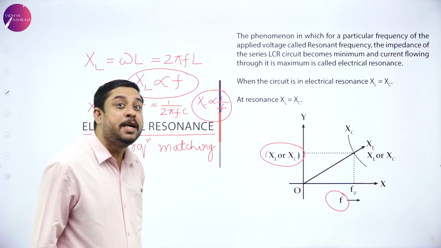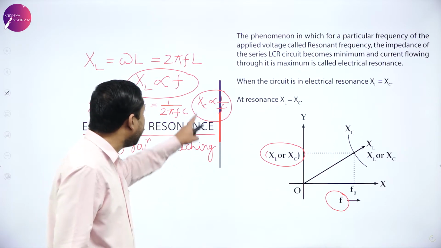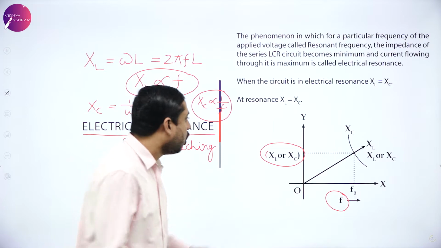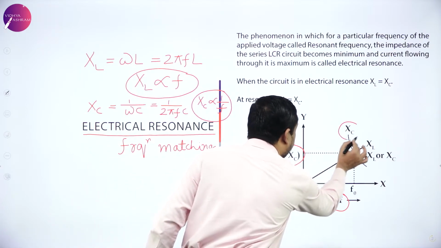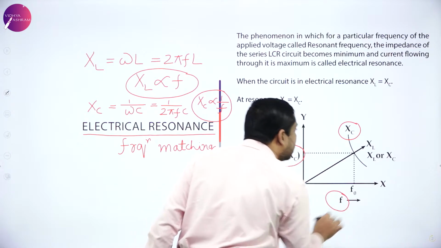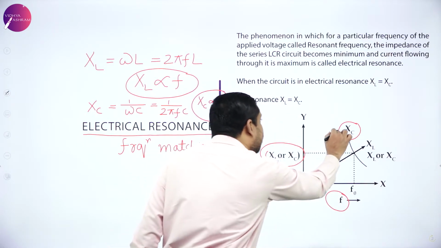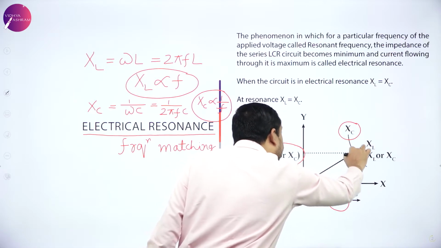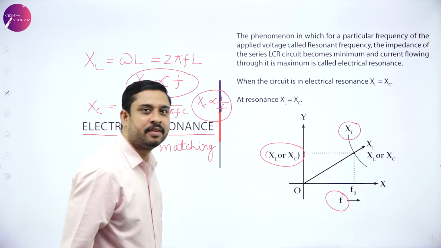But what should happen to XC? XC is inversely related. So, if you observe here, as the applied frequency is increasing, XC is decreasing gradually.